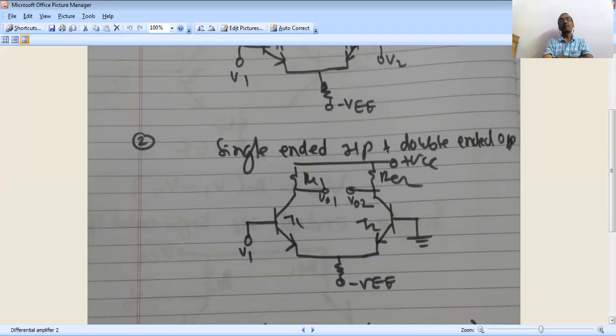You have to think on that first. You take your own time. In the first diagram, or first type of the differential amplifier: T1, T2, RC1, RC2, V01, V02, plus VCC, minus VEE.